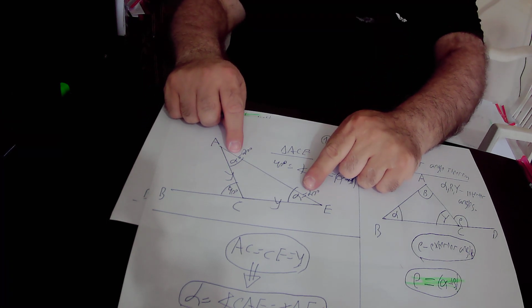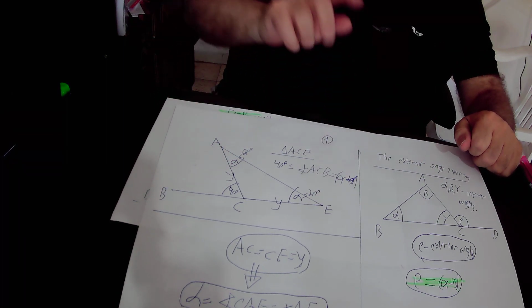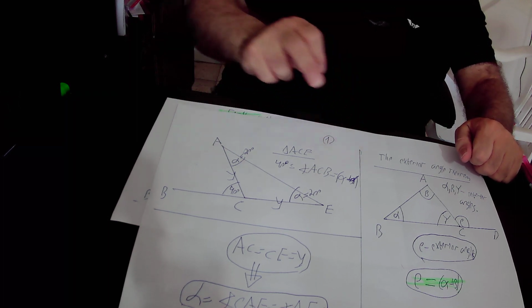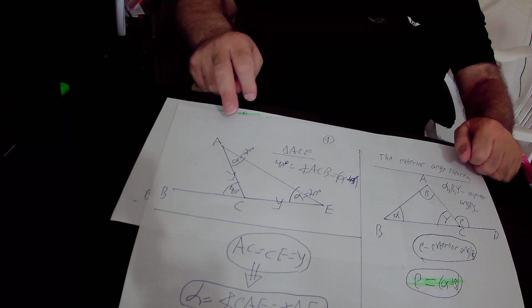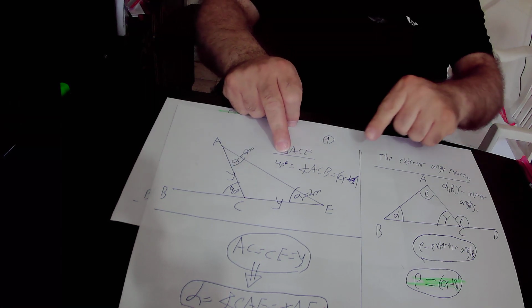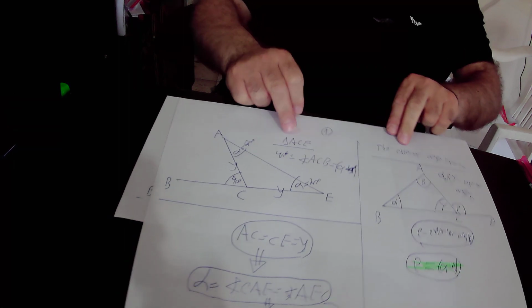That is to say, angle ACB equals alpha plus alpha. But it is given in the question that angle ACB equals 40 degrees. So we can write that 40 degrees equals alpha plus alpha.